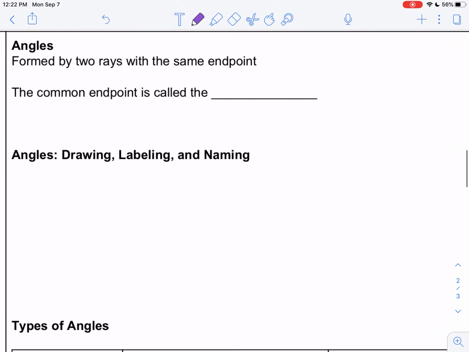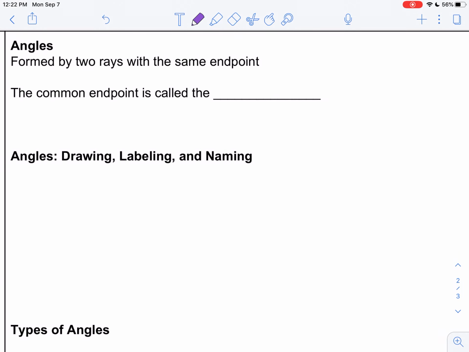Cruising along, when we talk about angles, our definition: angles are formed by 2 rays with the same endpoint, and that common endpoint is called the vertex.